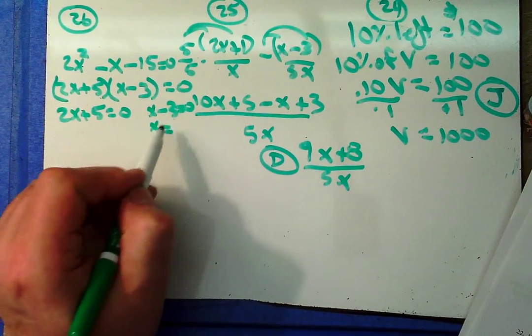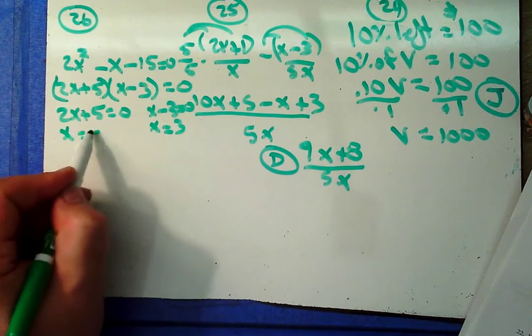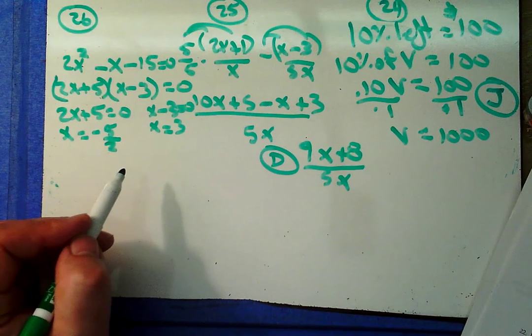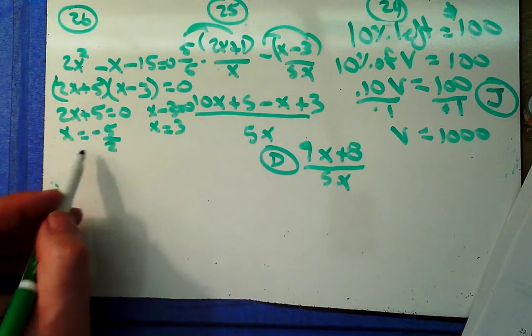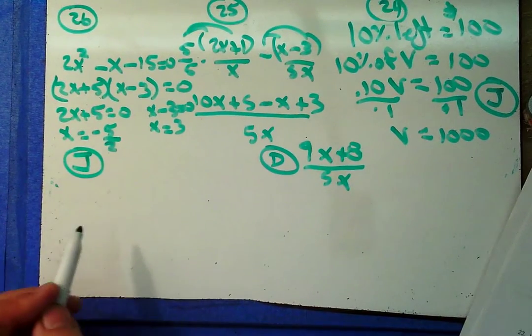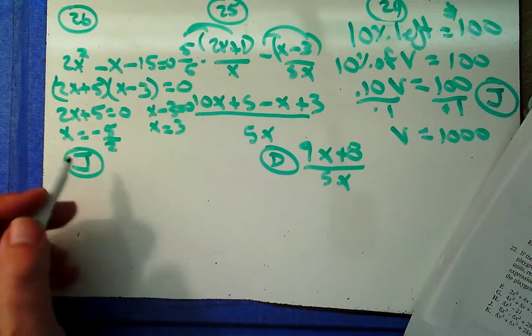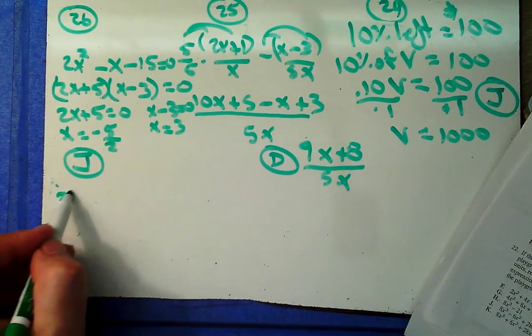We get x equals 3 and x equals negative 5 halves. 3 and negative 5 halves is choice J. They quite like J in this test. All right, that was 26.